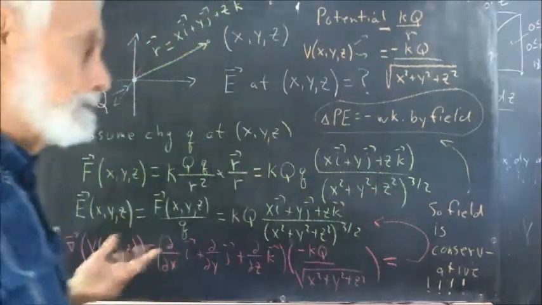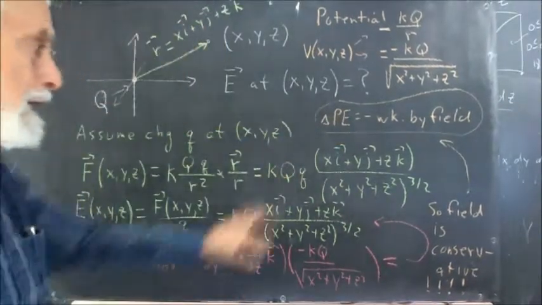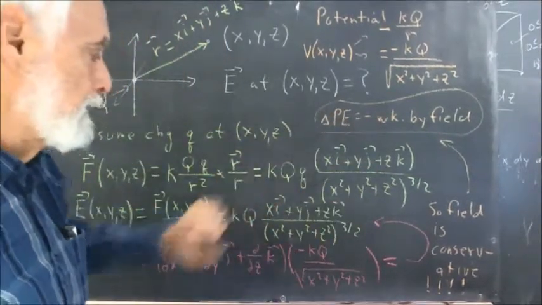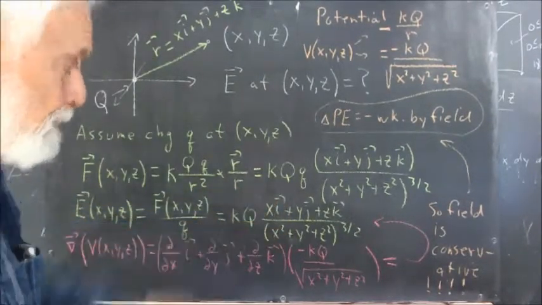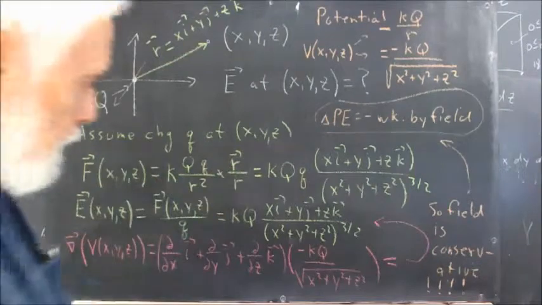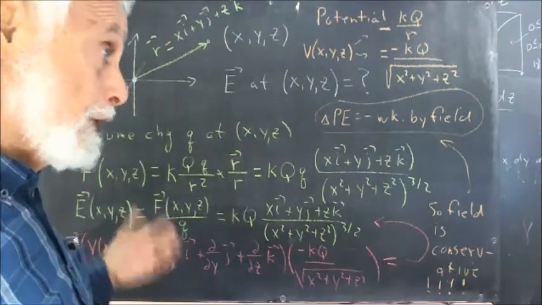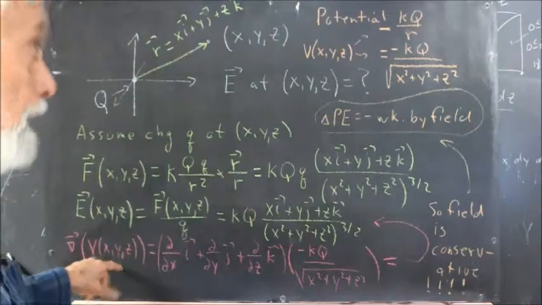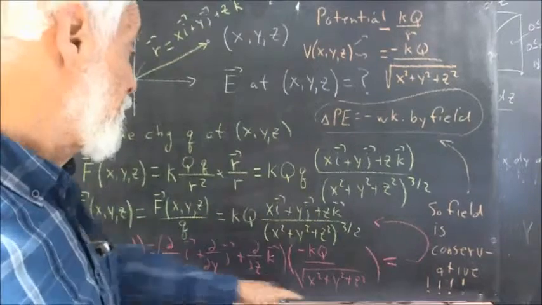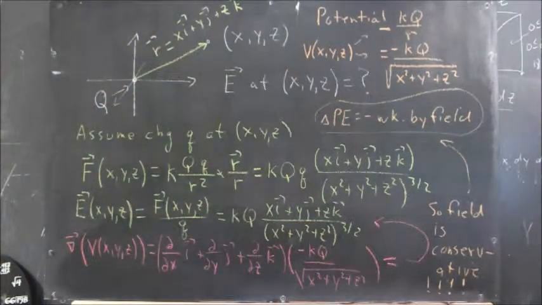Actually, I'm pointing up here. I should be pointing down here. Of course, the expression is the same here as it is here. The only difference being the absence of the little q out here, and that's not relevant to what I just said. So anyhow, you should, in detail, understand how the gradient of this potential function does give you this expression, which is the electric field.